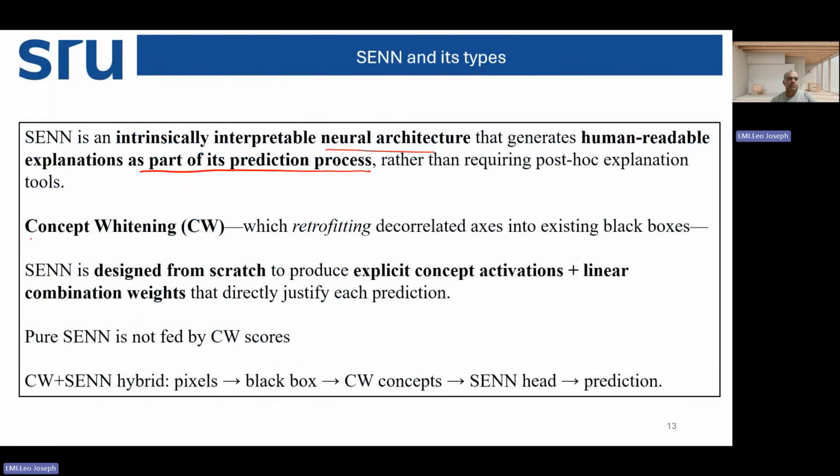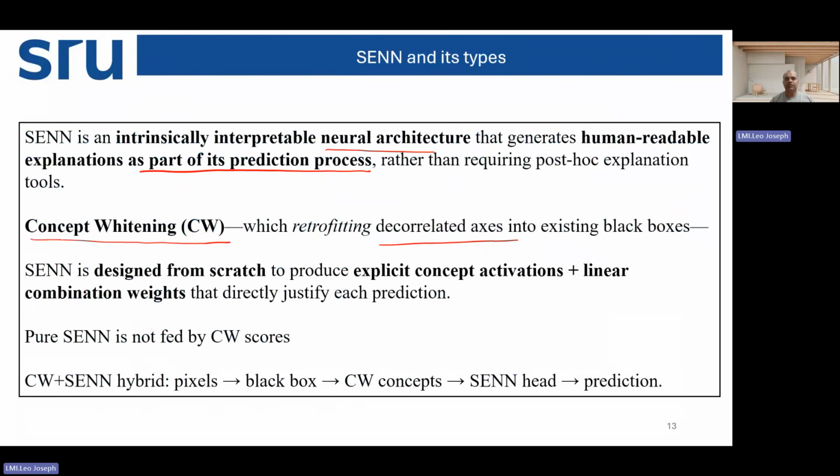So concept whitening is where we are learning the concept and we put the concept into decorrelated axes. Decorrelation means what? Initially, all the concepts are mixed together. In the last slide also I explained, a purple is there. After decorrelation, it is split into two things. One is red and blue. If you mix them together, it becomes purple. So after decorrelating blue and red, red is assigned to one axis and blue is assigned to another axis.